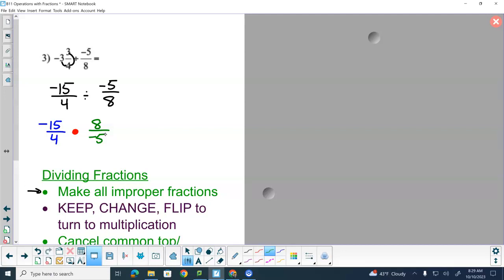Okay. How about, just because we've done a lot of examples of multiply first, let's do an example of reduce first. I know I'm mean, but watch this. How many times can I divide 4 by 4? Once, right? Can I divide 8 by 4?